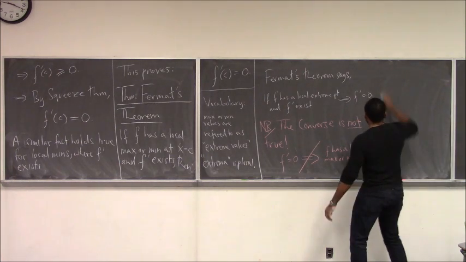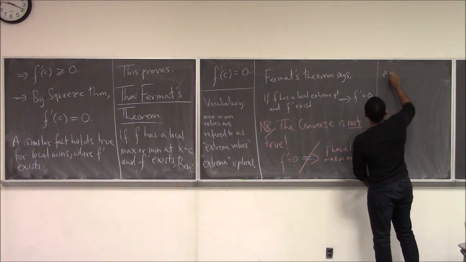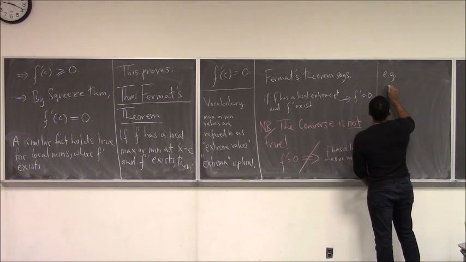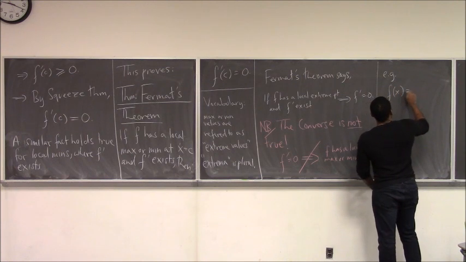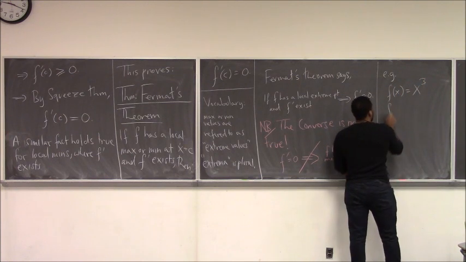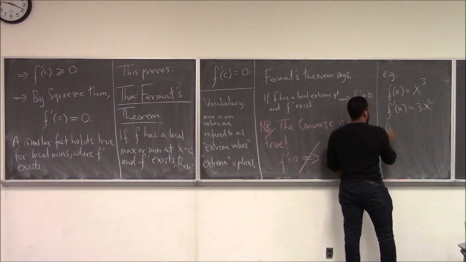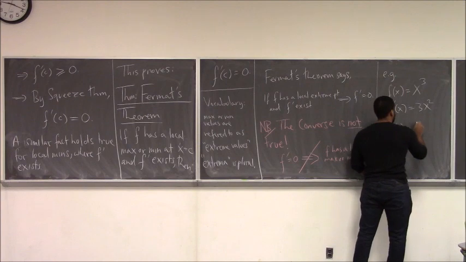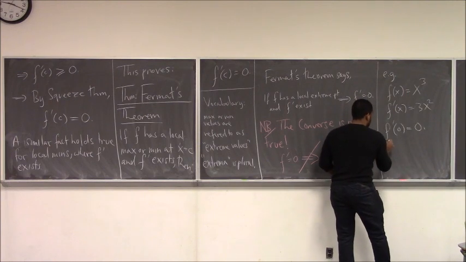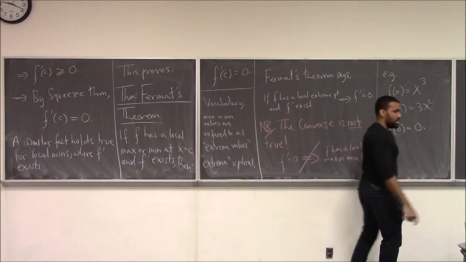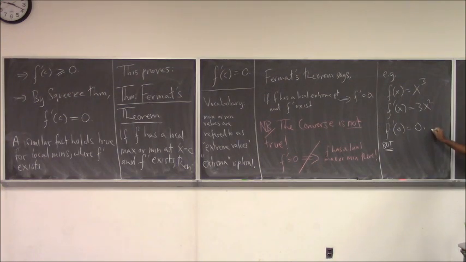And I can give you an example here. Look at f of x equals x cubed. Notice that f prime of x equals 3x squared. f prime of 0 equals 0.